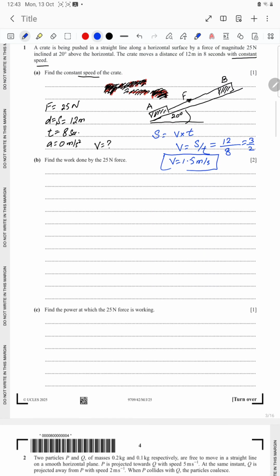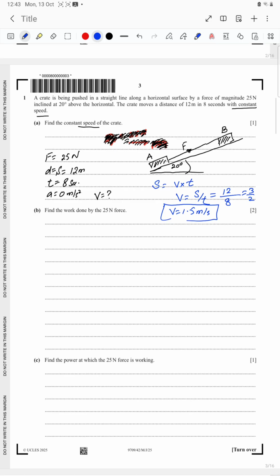Now find the work done by the 25 Newton force. We know work is equal to the dot product of force and displacement. So the work done by this force will be F D cos theta, because the surface is making an angle of 20 degrees with the horizontal.